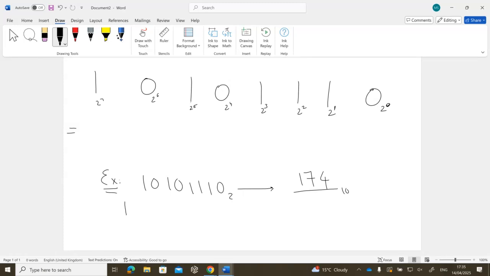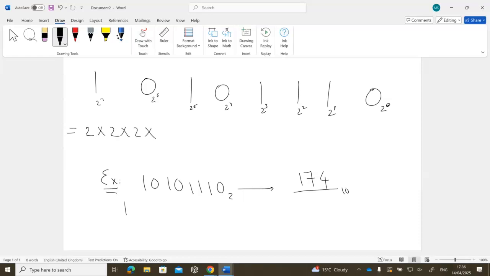So in that case, we calculate from the left. If you feel it's a difficult task to solve this 2 to the power 7, do it like this.